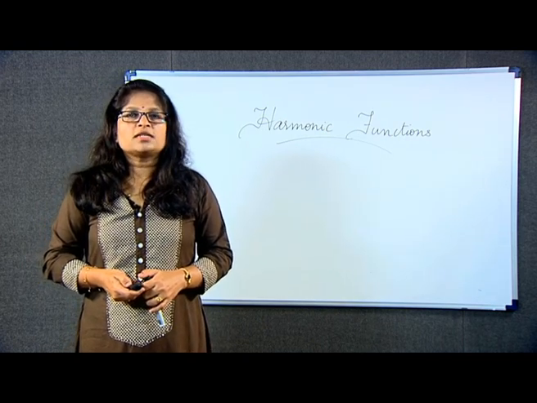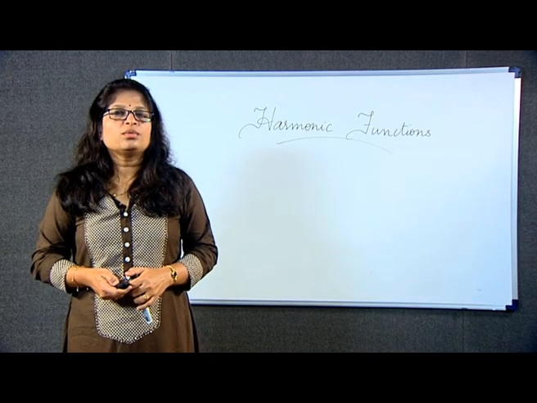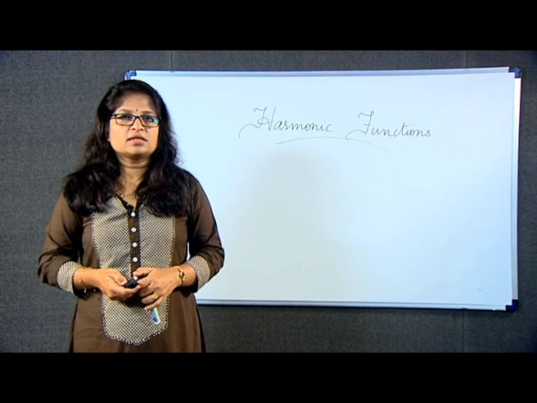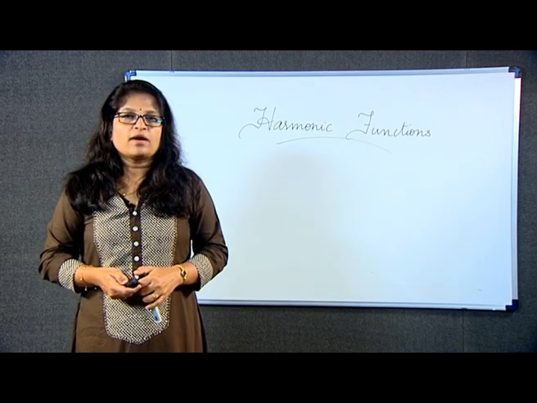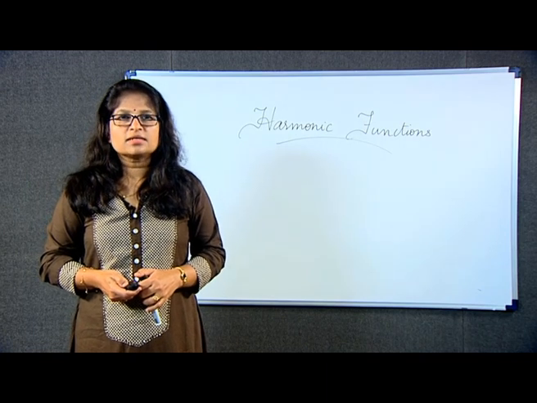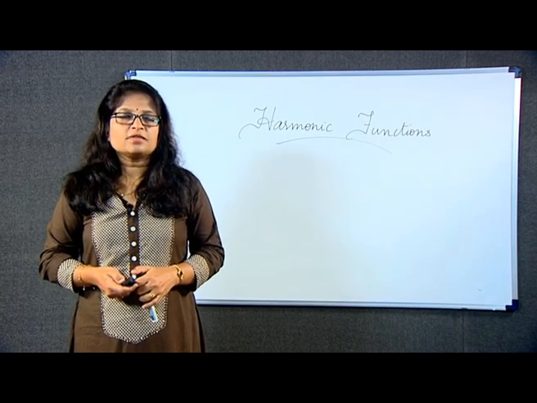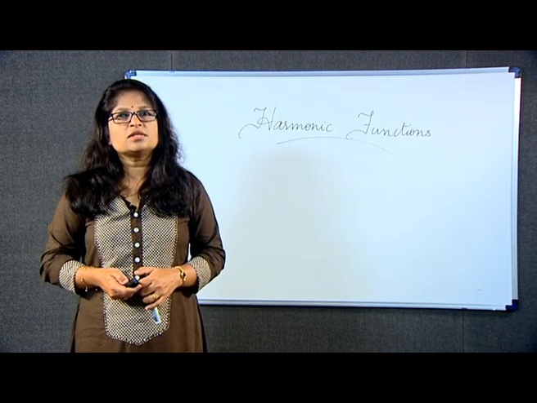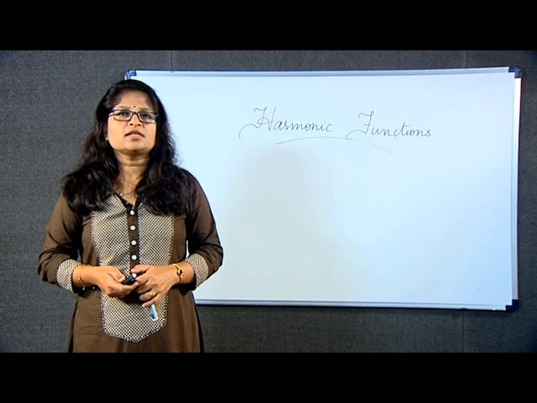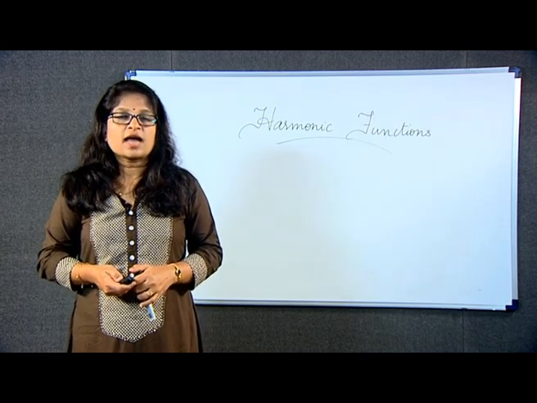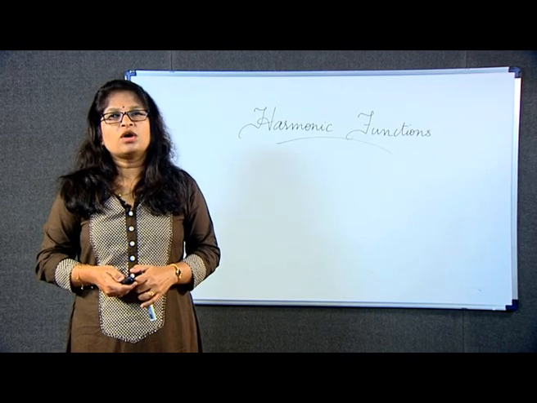To find out that function in x, what do we do? We differentiate this function with respect to x. ∂v/∂x is 6xy plus the derivative of that function of x. If we compare it with the second equation obtained from the CR equations, 6xy plus this derivative of the function of x turns out to be −1.